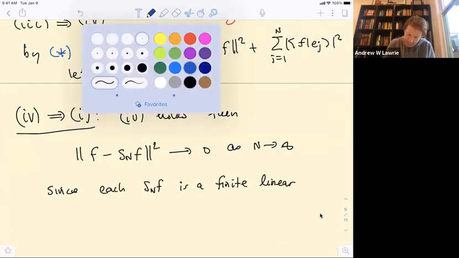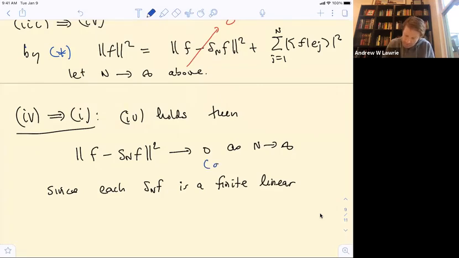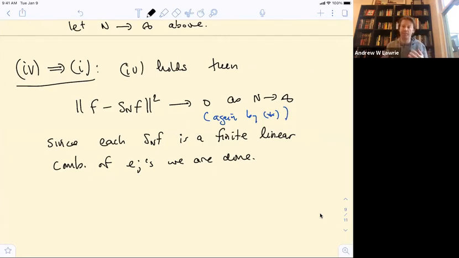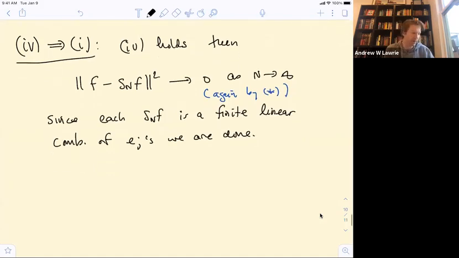This is again by star. Since each S_N F is a finite linear combination of the E_J, we are done, because we just approximate F by the S_N F. This is completely analogous to when we proved that trig polynomials were dense in L2 in the case of Fourier series. All right, so that does it.